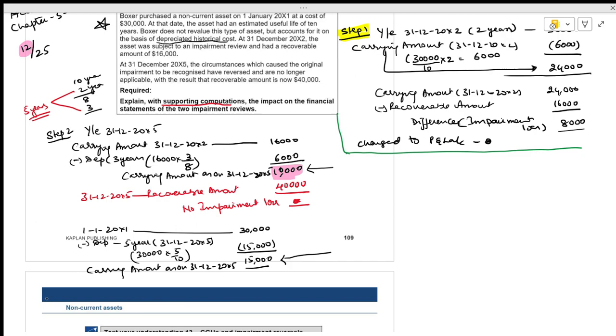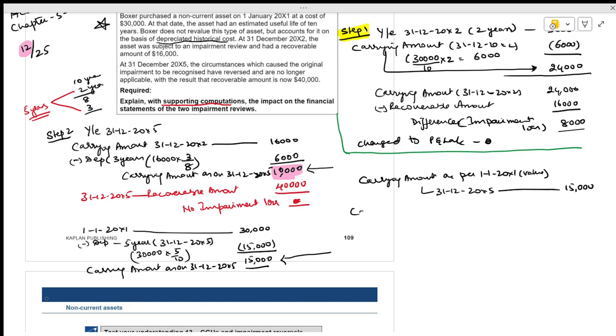If you take the original value as on 1/1/2001, when we do this as on 31/12/2005, the carrying amount is 15,000.